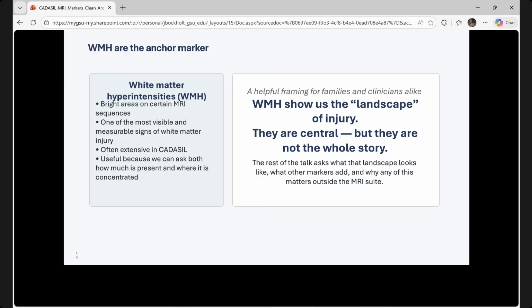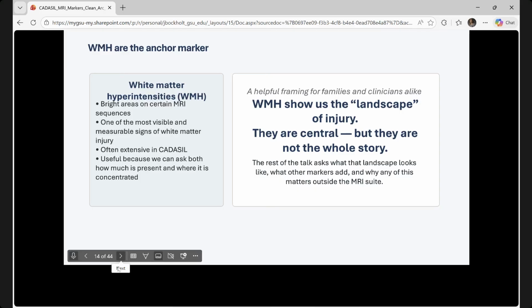Which means there are other things that, when combined with white matter lesions, help to tell more of the story. That's what we're trying to do with this landscape of MRI markers: bring them all together to explain the symptoms that we see within CADASIL.